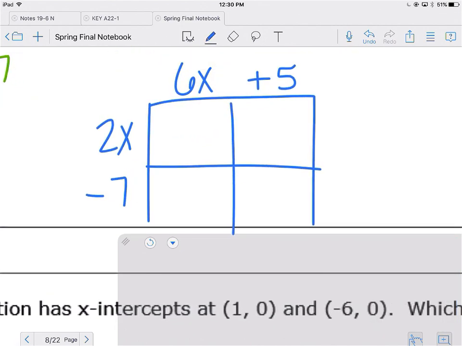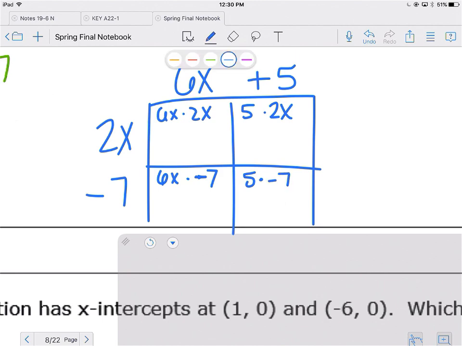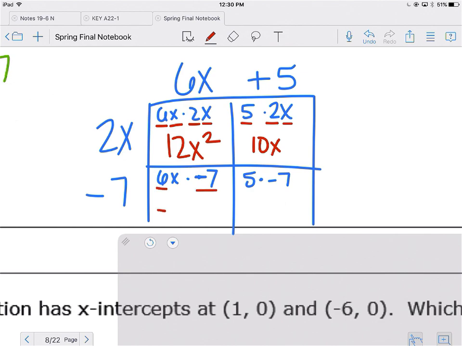To fill in my box, I do top times side, top times side, top times side, top times side. So 6 times 2 is 12, x times x is x squared. 5 times 2 is 10, and I rewrite the x. 6 times negative 7 is negative 42, and I rewrite the x. 5 times negative 7 is negative 35.